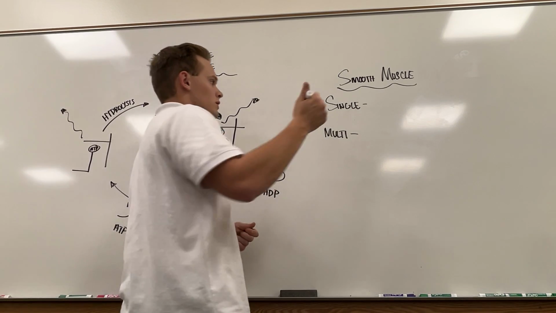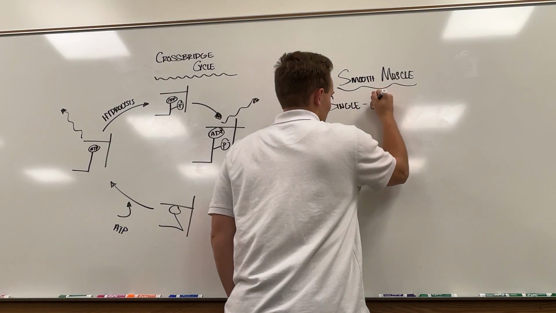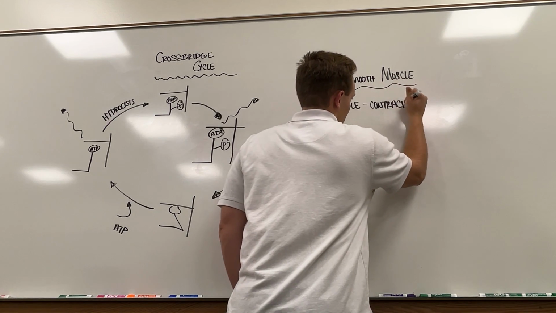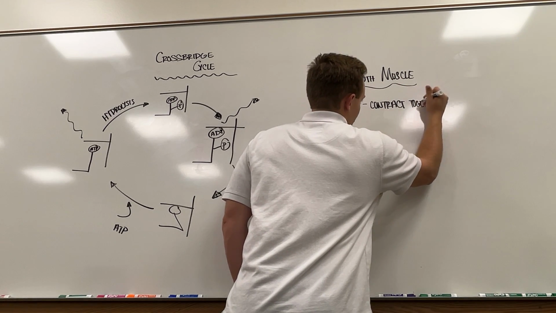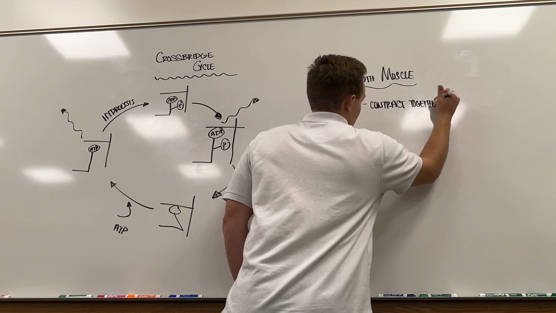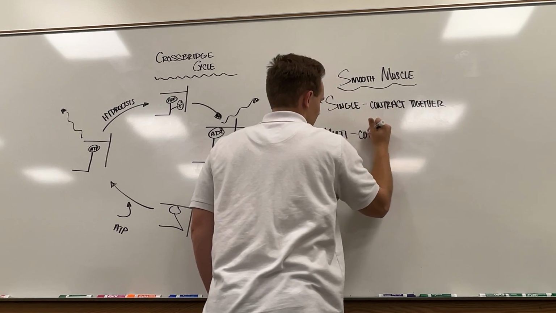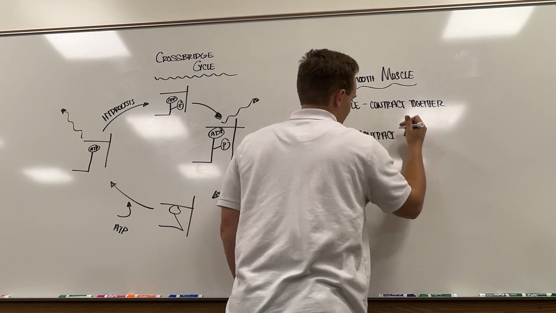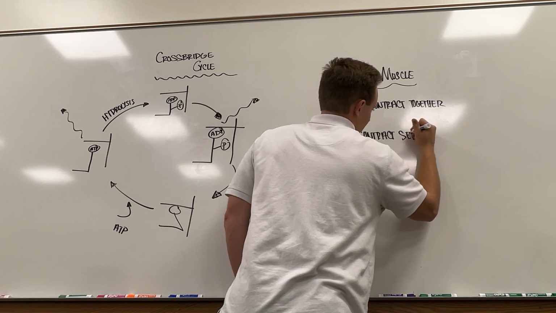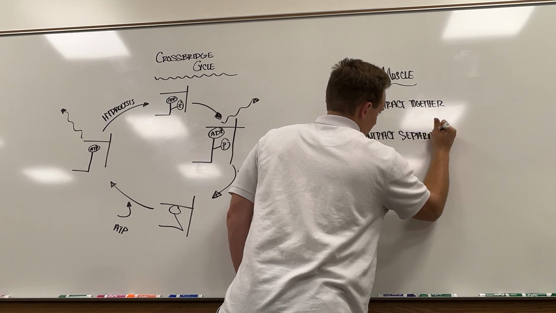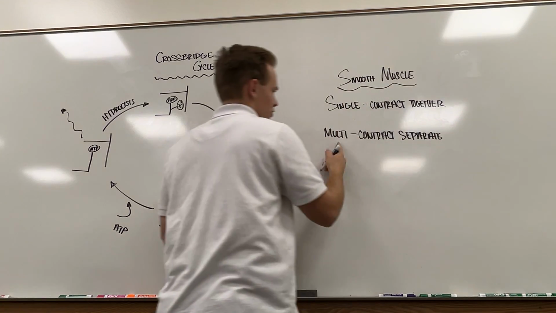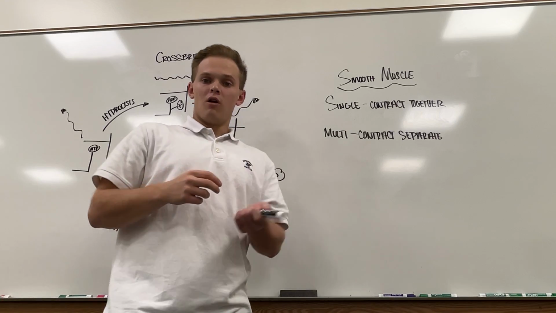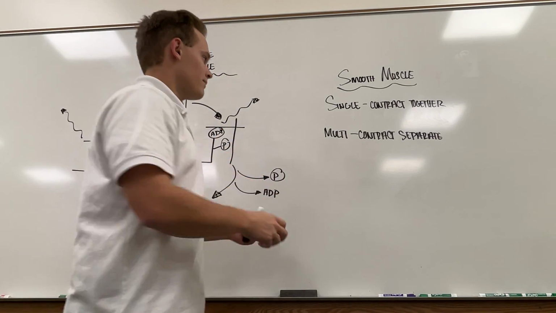The main difference is that these are all going to contract together for the single, and for the multi, they're going to contract separately. So your single ones will be found in the walls of organs, stuff like that. Your multi is going to be found in large blood vessels, the eye, the lungs, things like that.